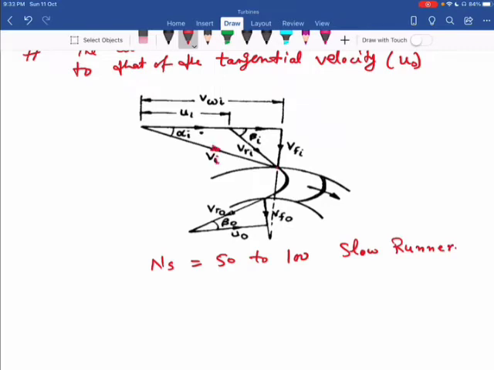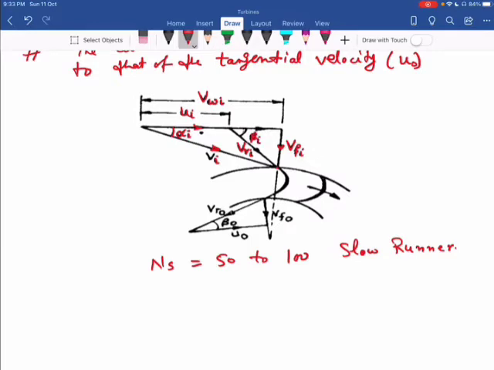Here we have this VRI, this velocity is UI, and then we have VWI, this one, and this is VFI. We have two angles, angle alpha I, and this angle is beta I.